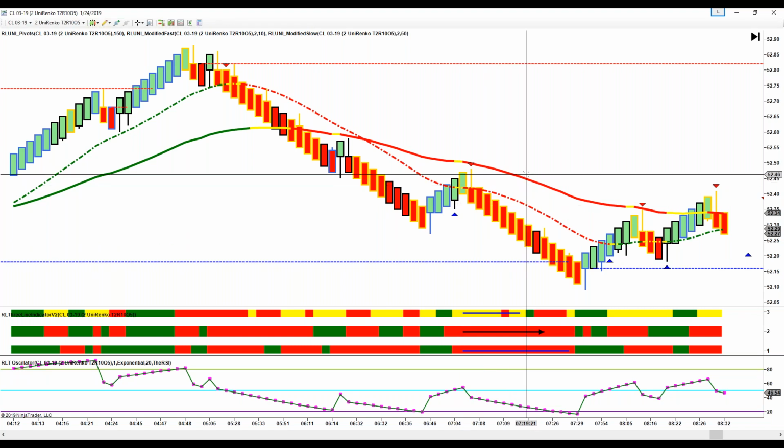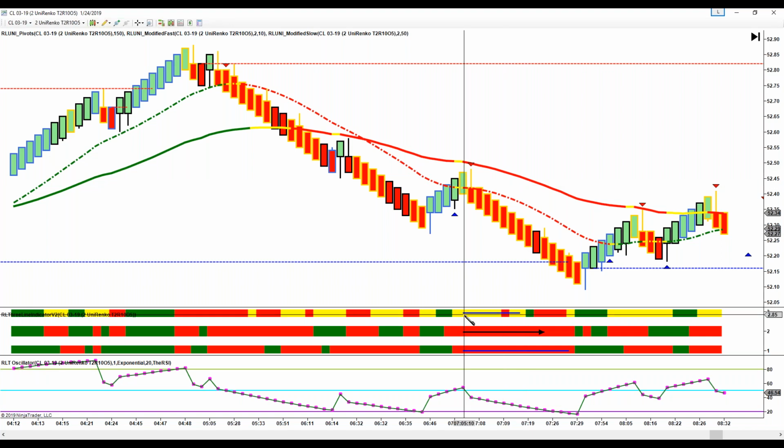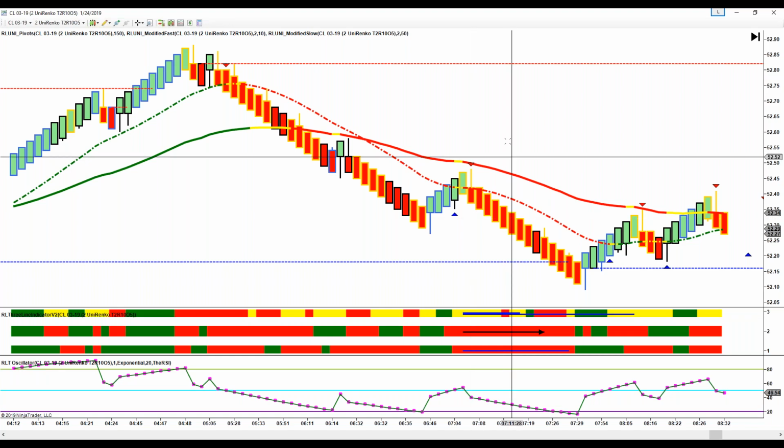Now we want to have that crossover assessed on the line simply for those traders that don't want to take a trade unless there's a crossover. I don't care if there's a crossover or not. That's why I created the indicator, simply looking at the direction of momentum.